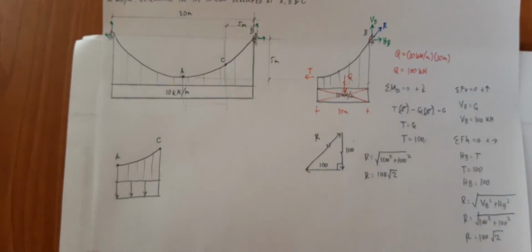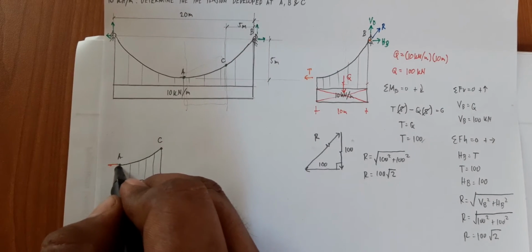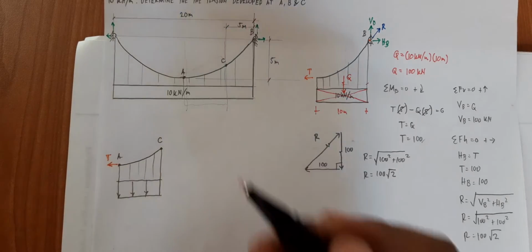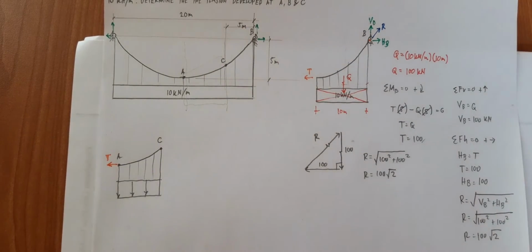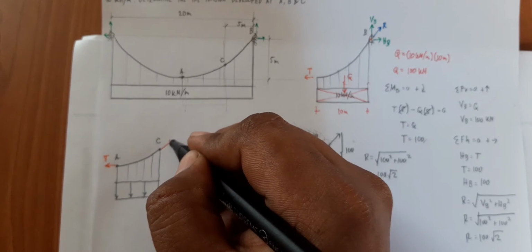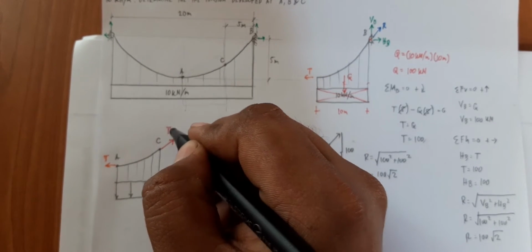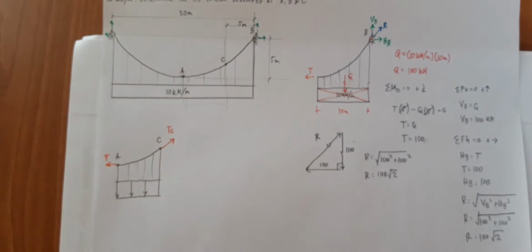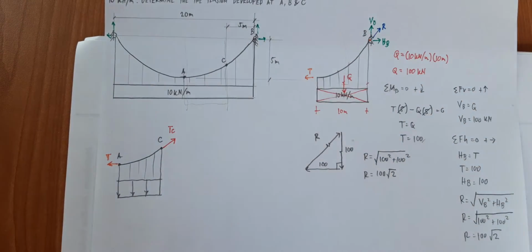At point A, you have calculated the tension at point A, that is T. And then at point C, you don't know the tension, that would be tangent again. Let's denote this one as tension at point C, TC.